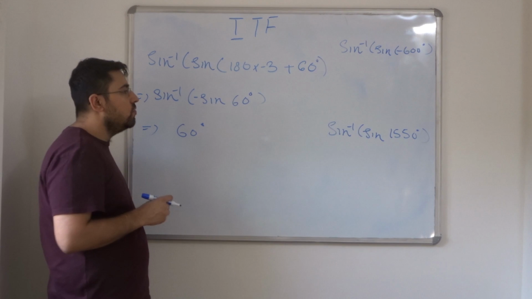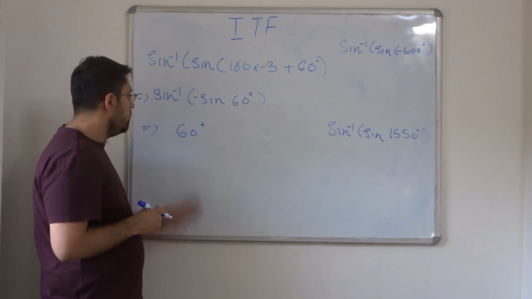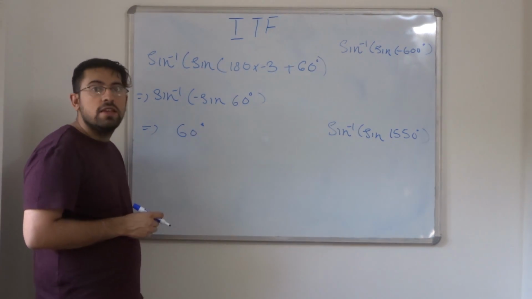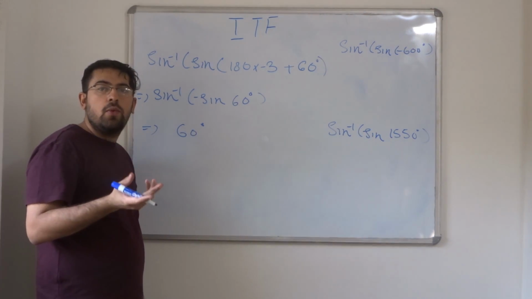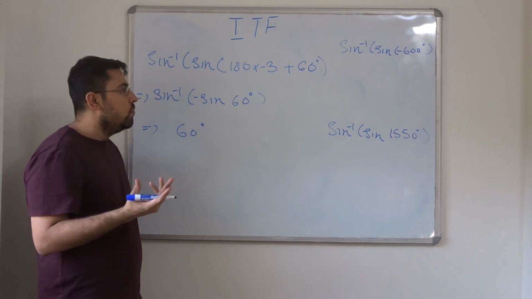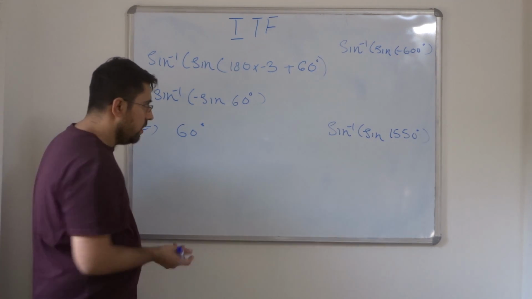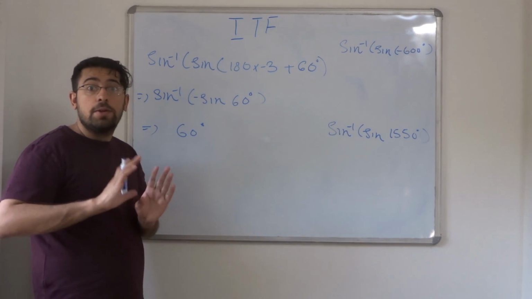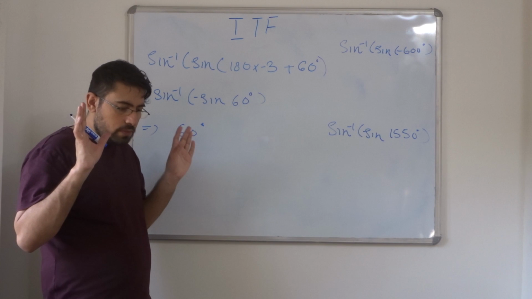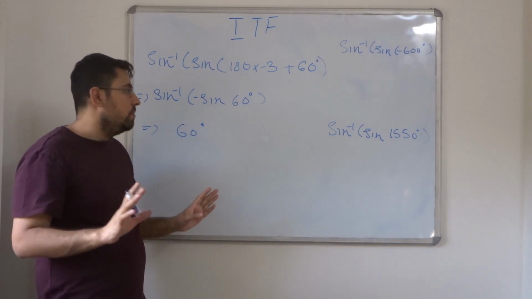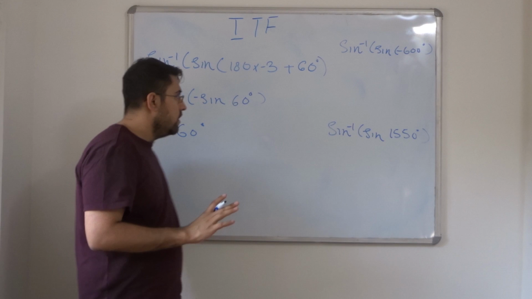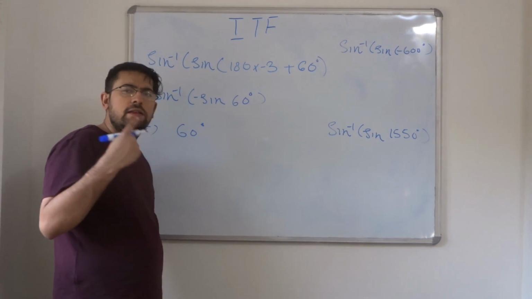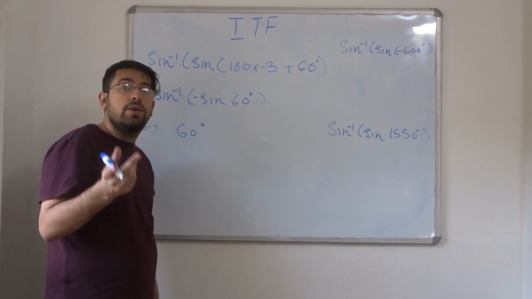Okay, so what I'm going to do, guys, is I'm going to give you a value for this in radians, and I want you to tell me whether I'm right or not. I'm seriously telling you, I'm not playing around here. I'm going to give this a value, and then I want you to tell me whether I was right or not.